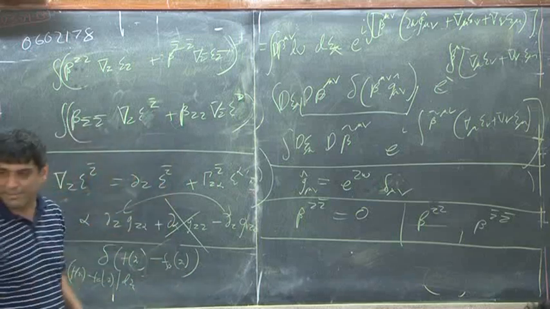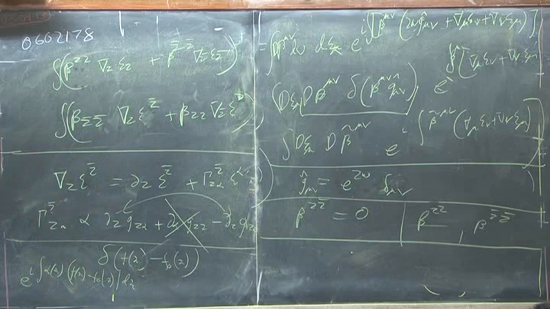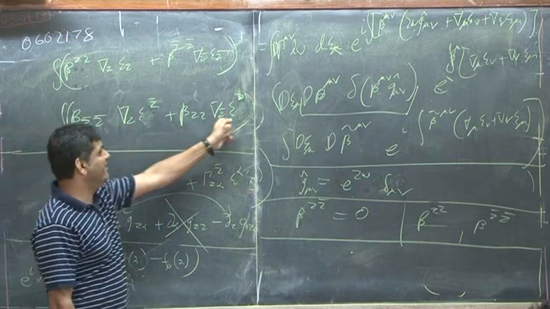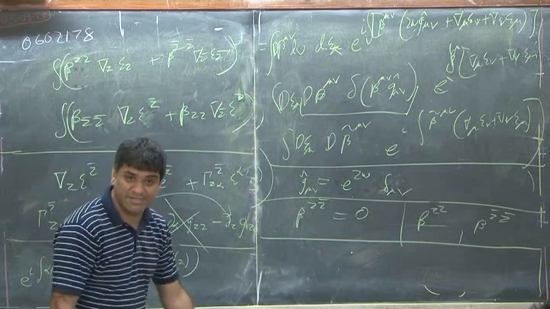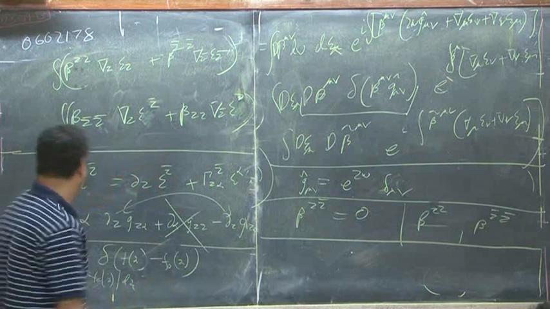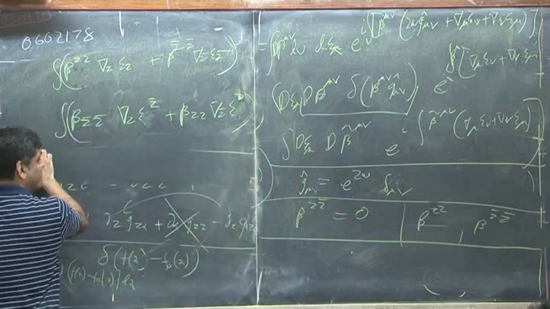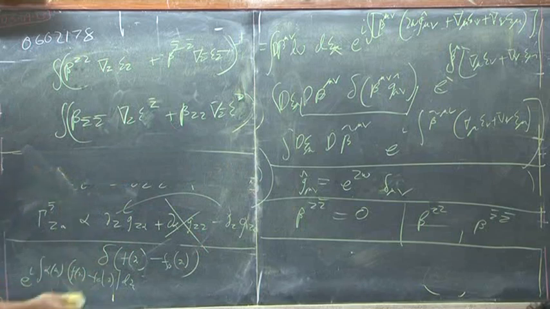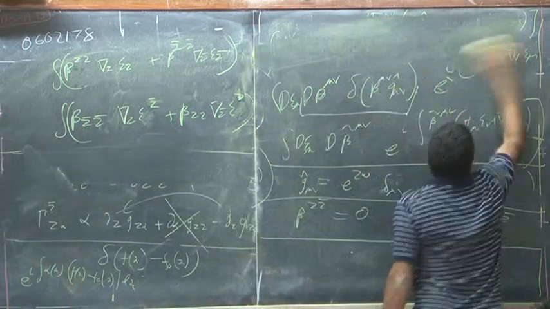I mean, the Christoffel symbol part is 0. So this guy vanishes, and it's clear that the Christoffel symbol there will also vanish. And so we got this really.